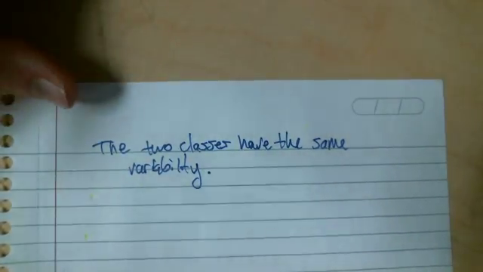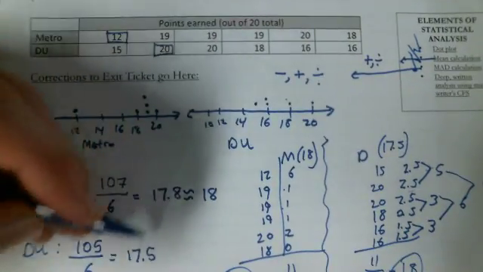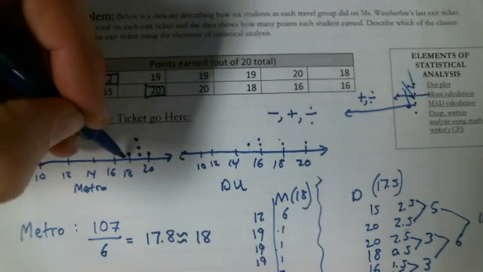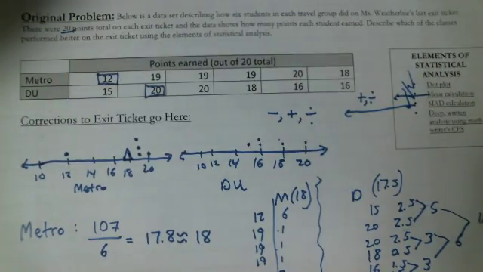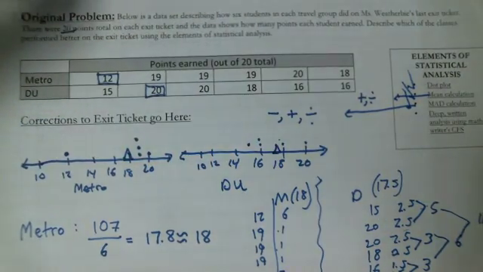So that's a first fact we can come up with. But look at their means. Their means are just slightly different, right? It looks like Metro maybe did a little bit better, and we can see that because they're closer to 18, whereas DU is more about just a little under 18.